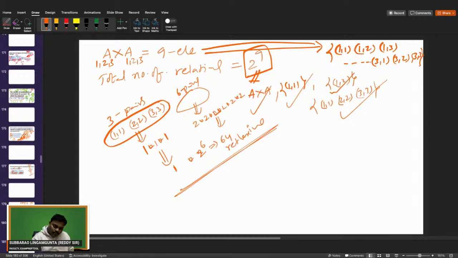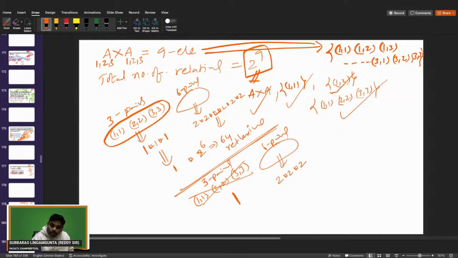Next one. Can you see this? 1,1, 2,2, 3,3. These 3 pairs cannot be there if you want irreflexive. The other 6 pairs may be there, may not be there.